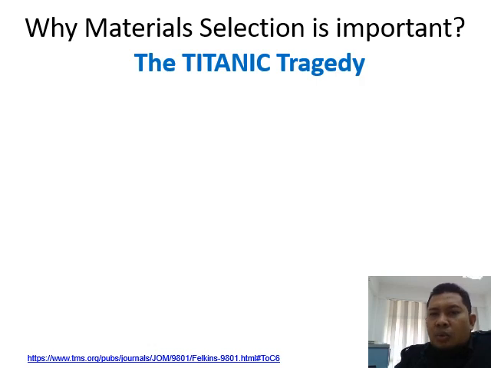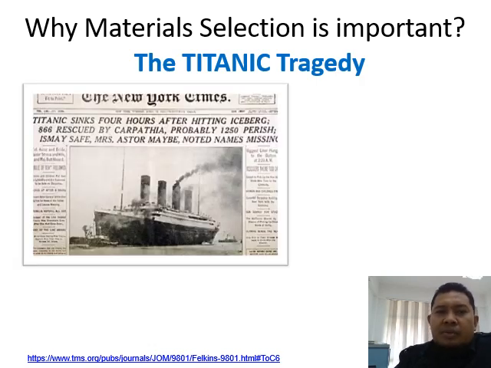Why is material selection so important? Over here, the Titanic itself, I think you have already seen the movie and also the documentary about this humongous vessel. Inside this one, you have a lot of steel used in the hull.